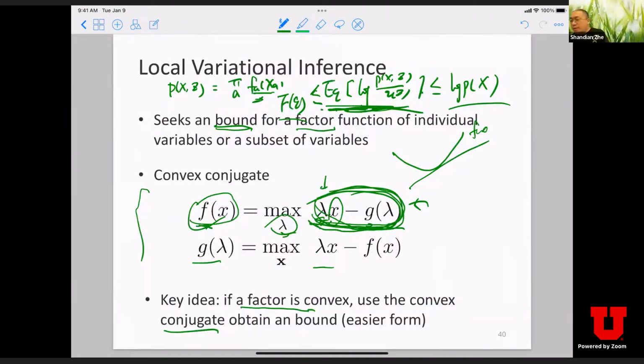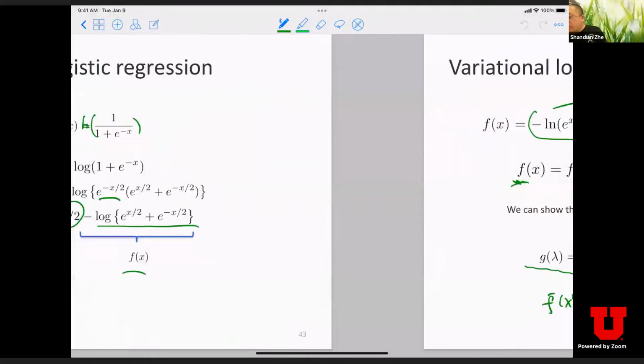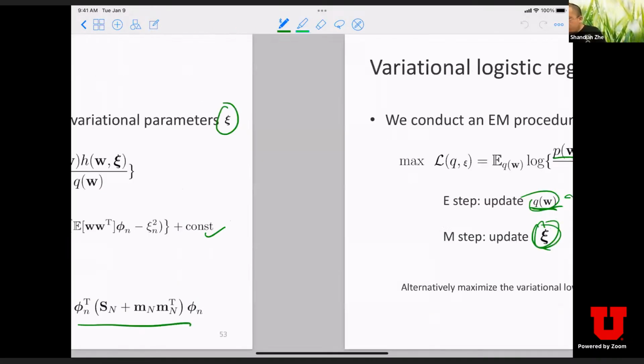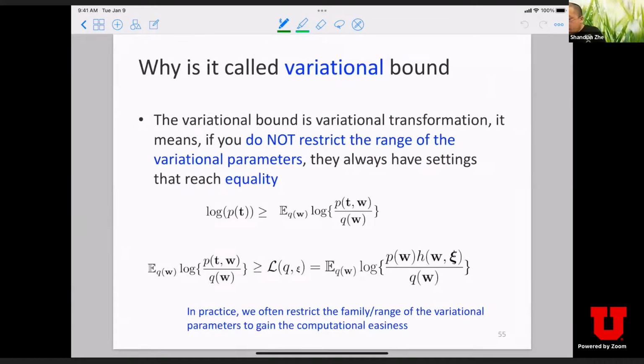But in variational inference, this is usually infeasible. If you do not restrict the range of the variational parameters, there is some setting to reach equality. But because you make some simplification, some constraint on the variational parameters, usually you will never be able to reach the equality.